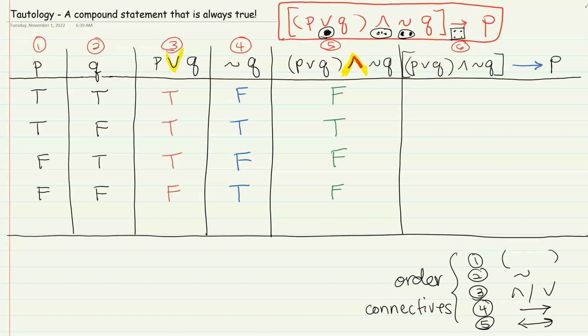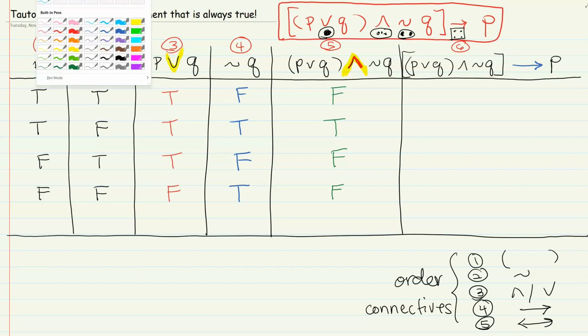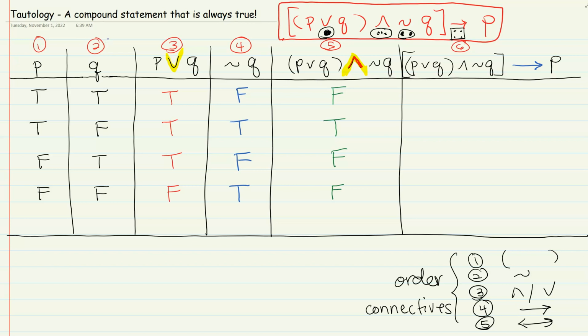Okay. Lastly, I'm looking at column 5, arrow, column 1, because that's what P is. So how does the if-then rule work for a truth table?